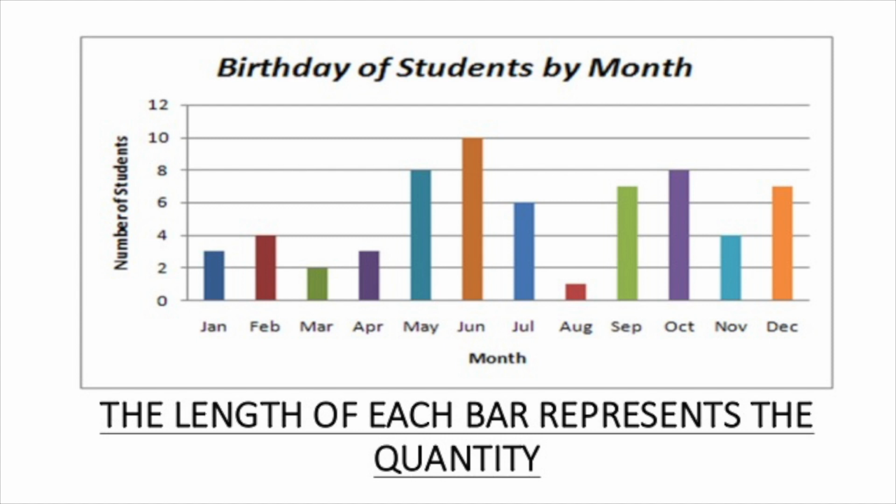So, looking at the numbers on the sides of our bar chart, can you tell me how many students have birthdays in June? So let's look at June's bar. 10. And it goes all the way up to 10.